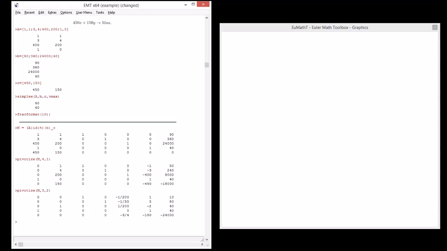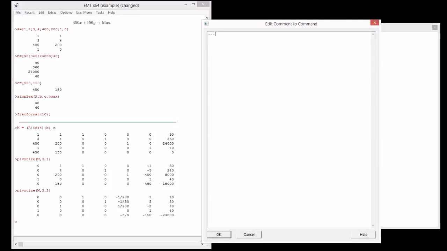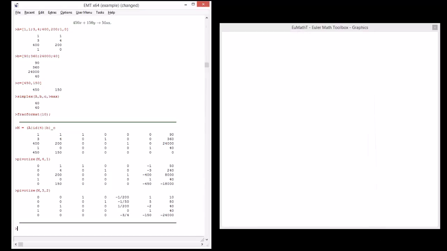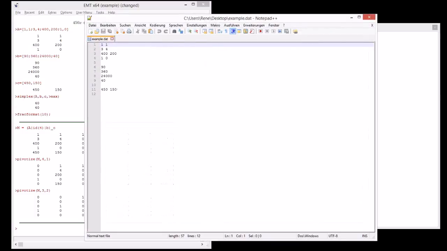Next, let me show you how to enter the matrices from the file. We start a new command block again, and then I show you the file. Here it is. We have the matrix A, the right side, and the target value.